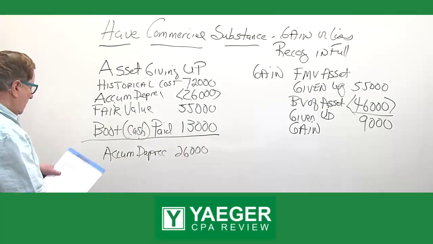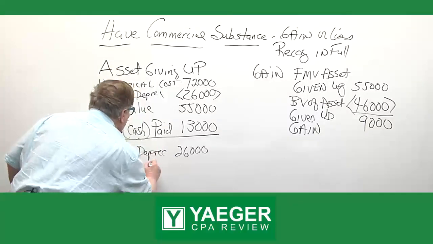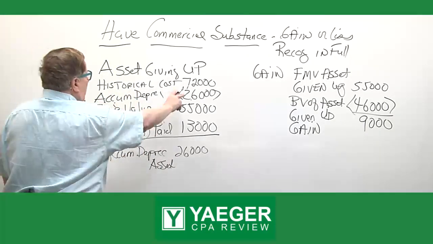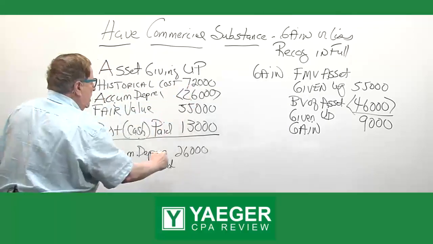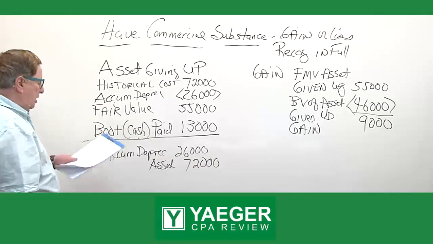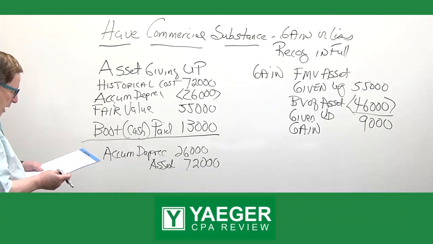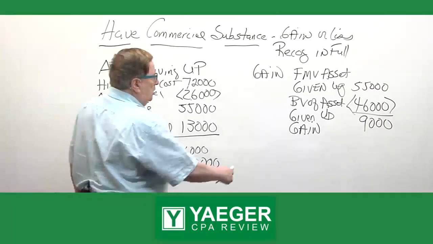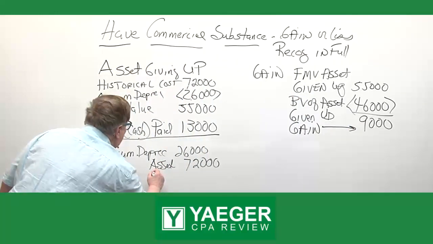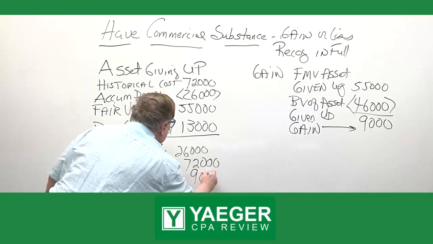Now, we'll credit the asset given up. The asset given up, we're going to credit, and looking here, $72,000 is the cost. So we'll credit asset given up, $72,000. Now, the next thing we're going to do is record the gain. Because all the gain is recognized, we'll credit gain for $9,000.